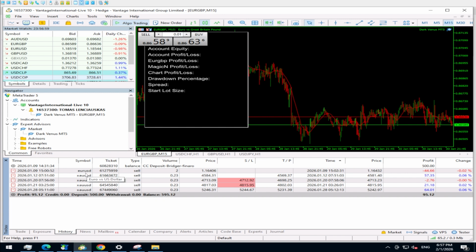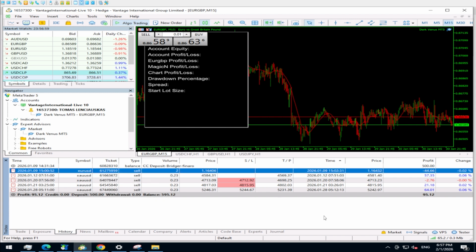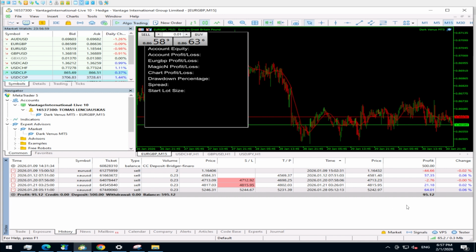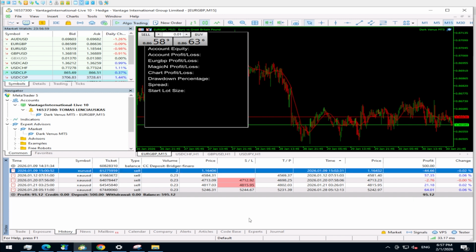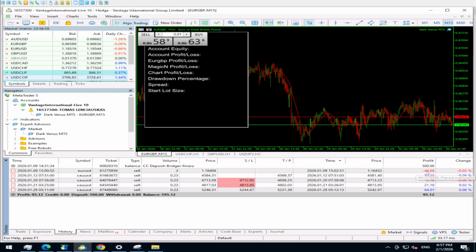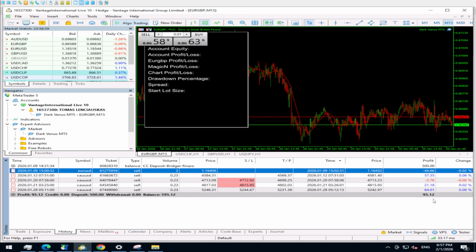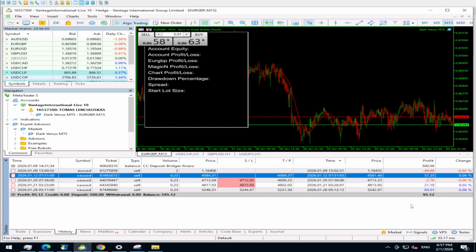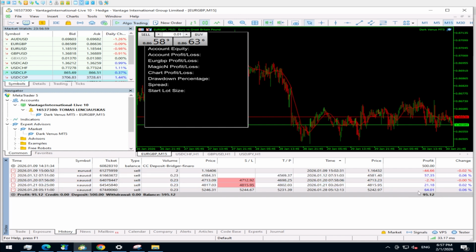So in reality we can ignore this negative 44 bucks. In reality I've generated 44 bucks more. Since this trigger trade ended up in a loss, I still compensated it with each of the other trades and managed to make myself some decent profit.